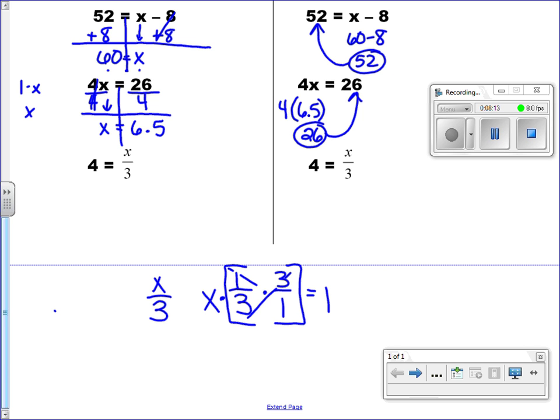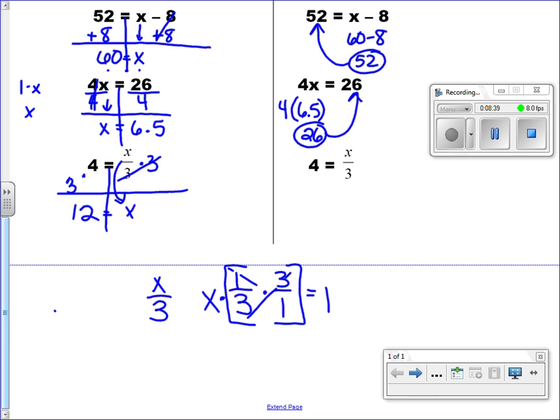So when I say I want to multiply this side by 3, and I want to multiply this side by 3, those guys cancel each other out. That just becomes 1. Again, identity property of multiplication says 1 times x is just going to be x. There's my line. 3 times 4 is 12.